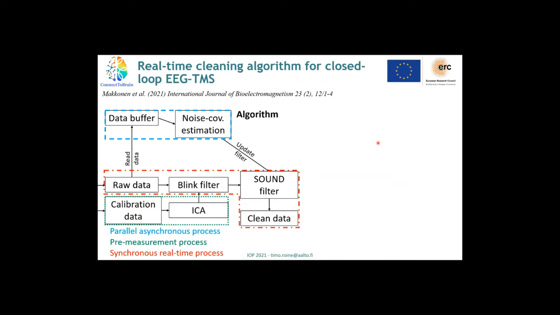The second filter then removes noise signals that are not likely to originate from actual intracranial sources. And this filter, called SOUND, is constantly updated in the background and is able to detect and clean automatically the bad channels during the experiment.